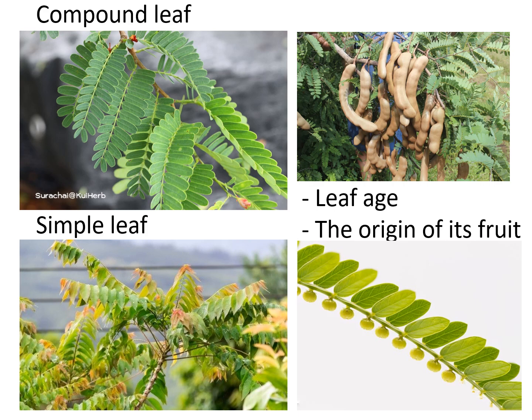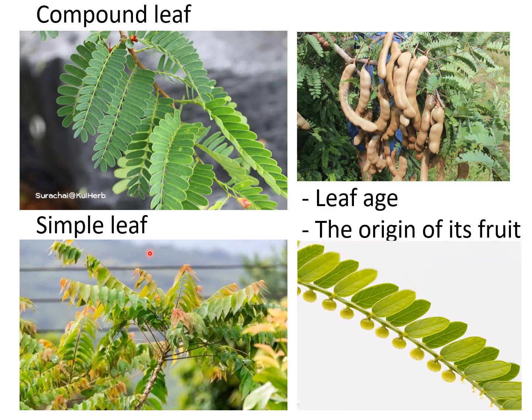The compound leaf usually is composed of leaflets that are the same age. But in some plants, the simple leaf looks like a compound leaf. You can see that here the leaf age is different. This is the youngest and this is the oldest. So it means they develop at different times. This is not a compound leaf, but a simple leaf.